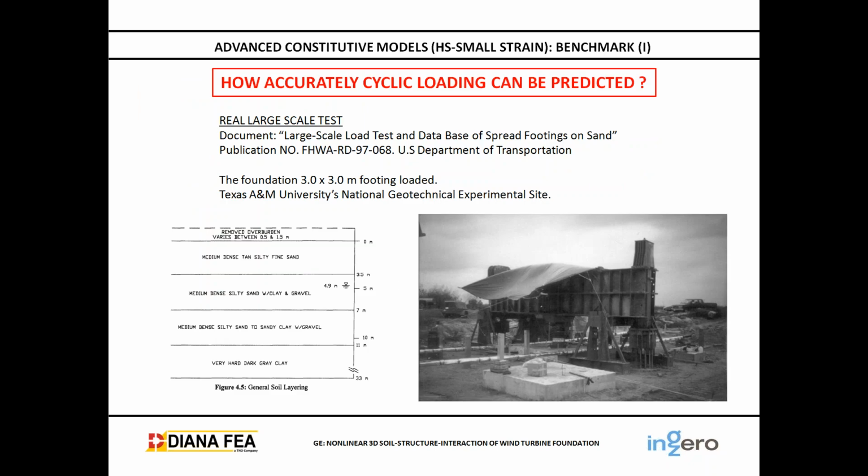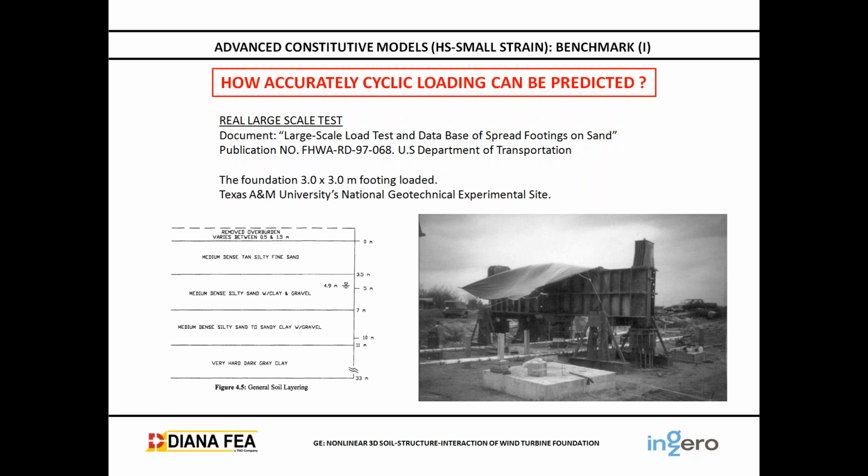So how accurately can cyclic loading be predicted? Let's do a benchmark in order to know how accurate we are. We have taken a real large-scale test, documented in the large-scale load test and database of spread footings from the Department of Transportation of the US, which is a foundation of 3 by 3 meters, and it has been loaded according to that image.